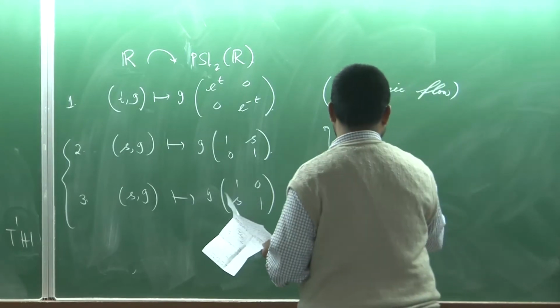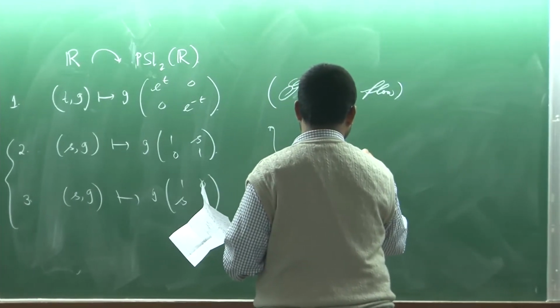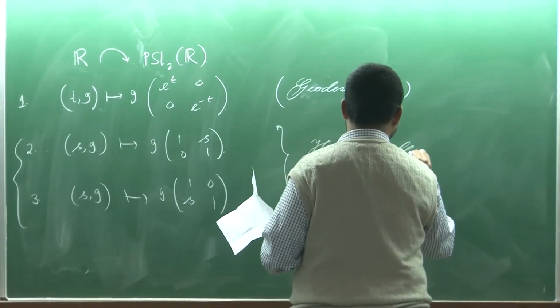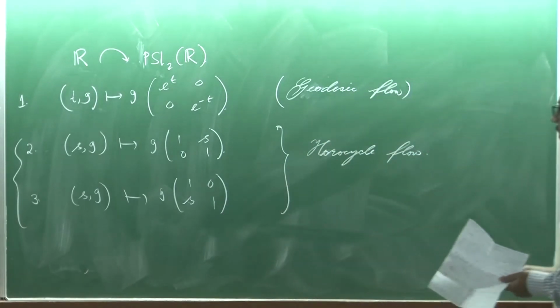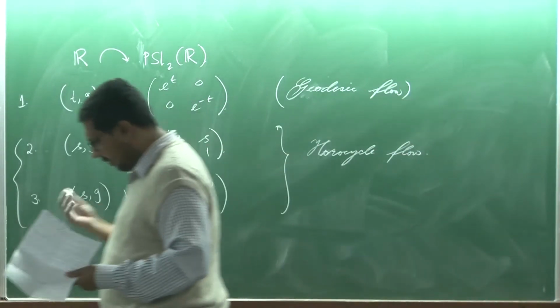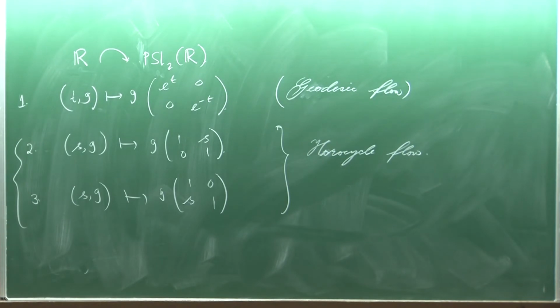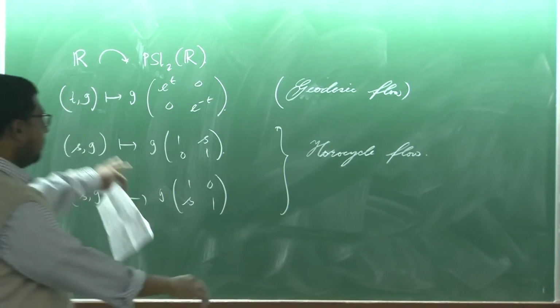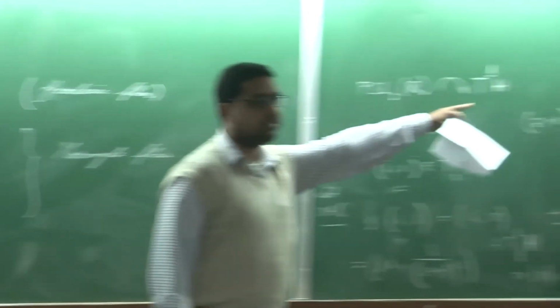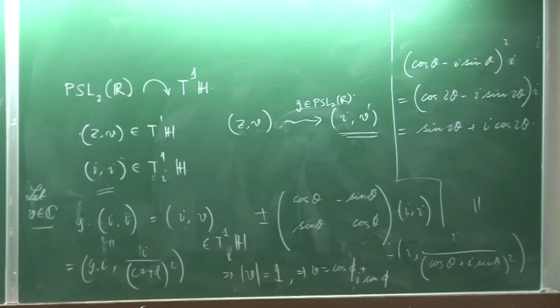Let me write it, horocycle flow. These are horocycles, one is stable, another is unstable, but let us not get into that. These are just algebraic descriptions of some interesting flows on this unit tangent bundle.